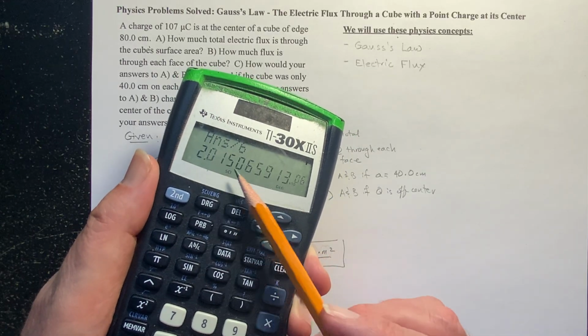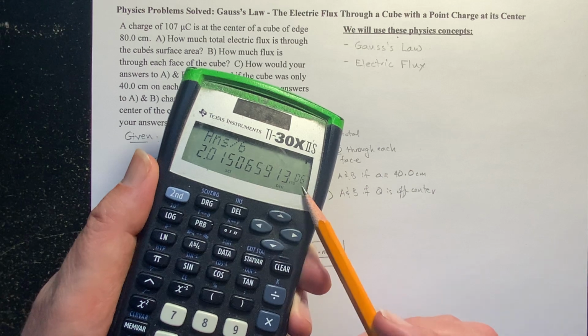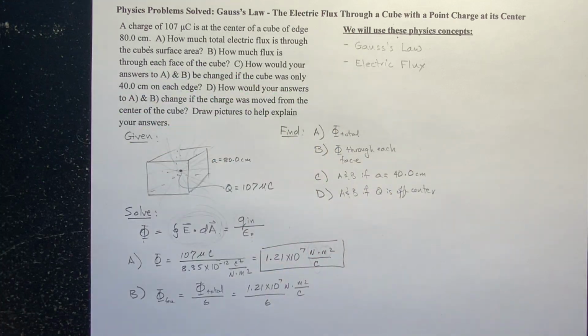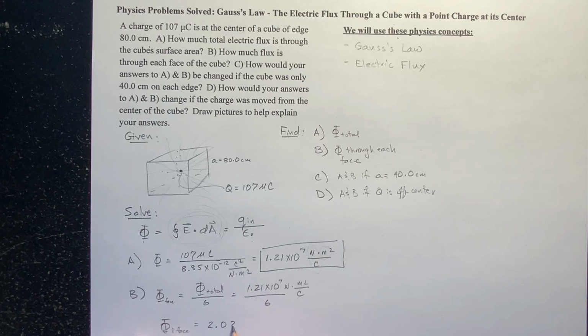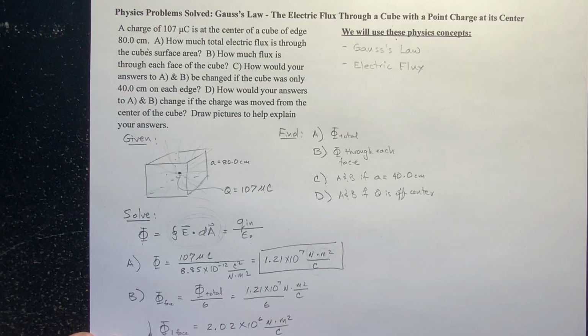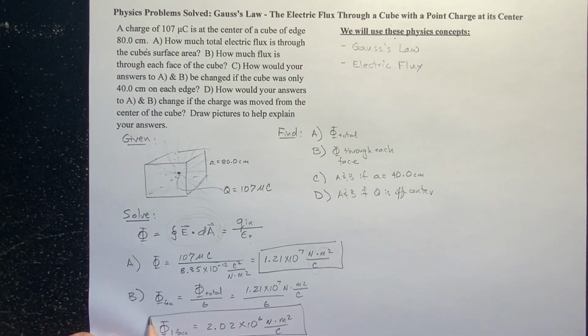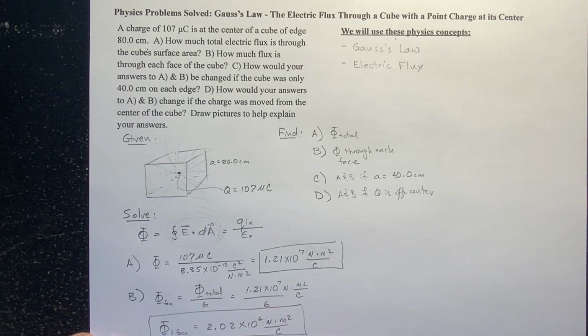And that's 2.02 times 10 to the 6. So each face has 2.02 times 10 to the 6 newton meters squared per coulomb. And there you go. That's our answer for B.